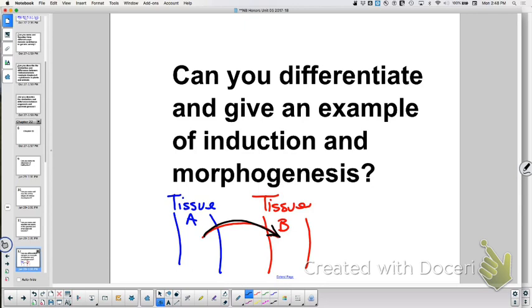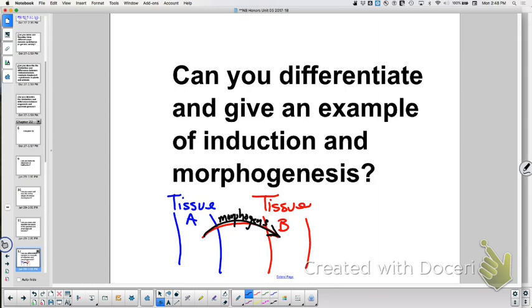What does it influence it with? Morphogens. This process of this arrow, when A influences B, you're like, oh, that's induction going on, and it's using morphogens to do its induction.